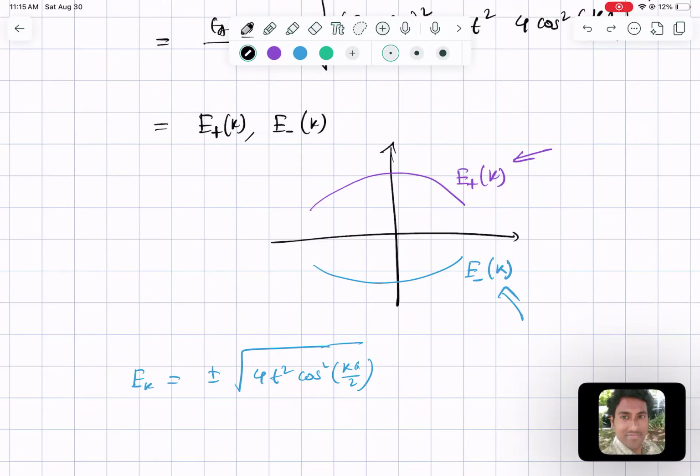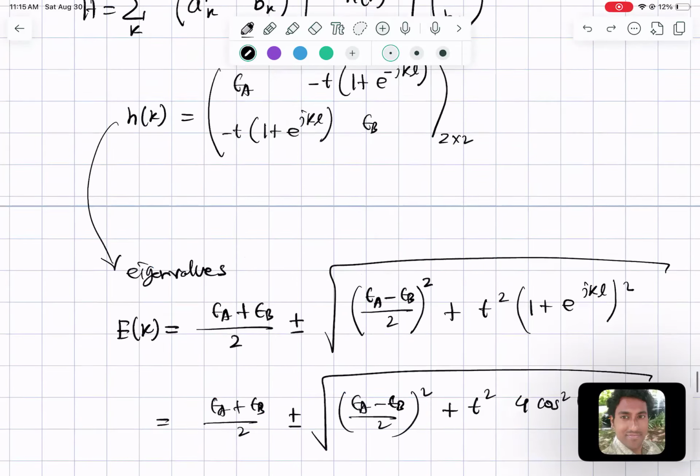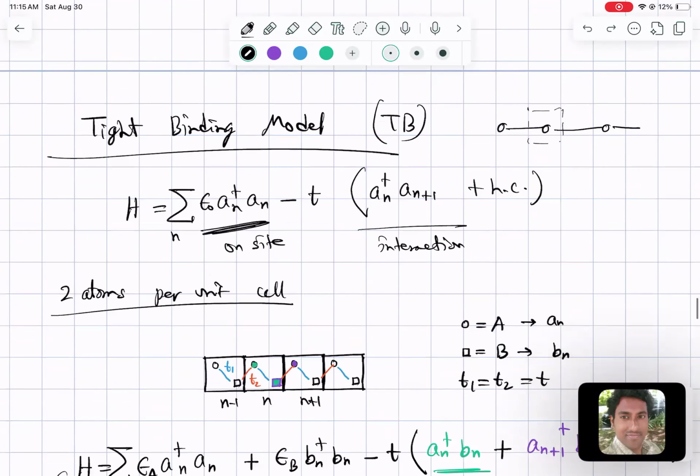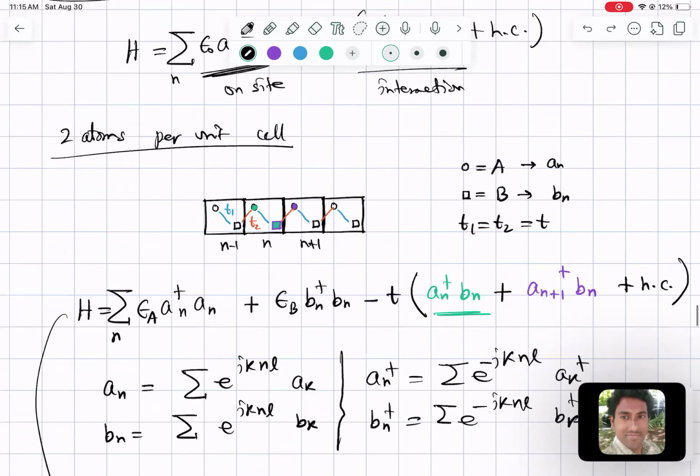Okay. So what happens in a topological insulator is the same tight binding model, except this condition: T1 is not equal to T2. That's the only condition.